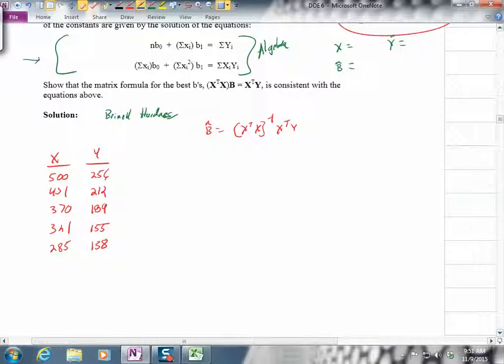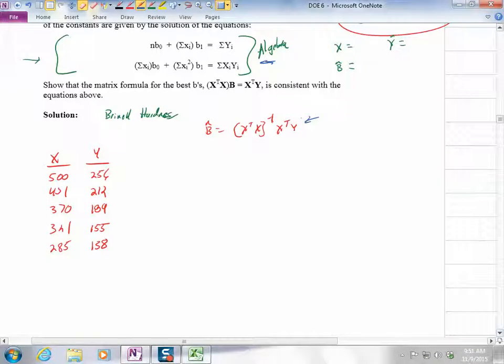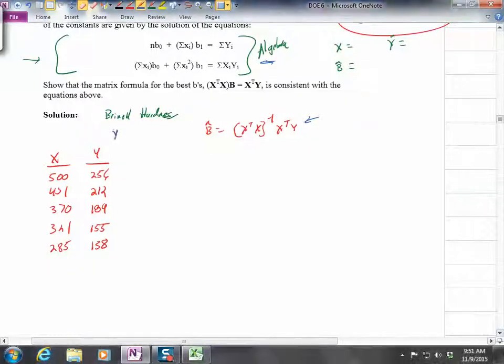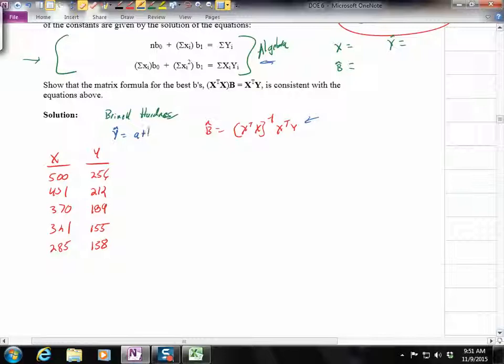So I think that'll be a little bit easier than doing too much symbolically. So that's the data. Can you define x, y, and b for this model? And let's try to fit that to the data.